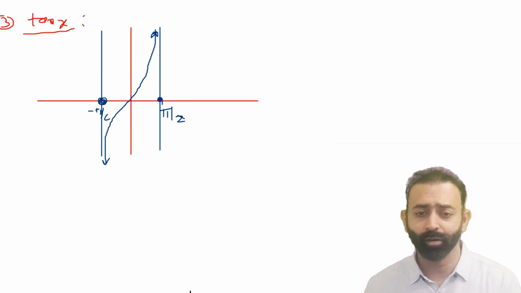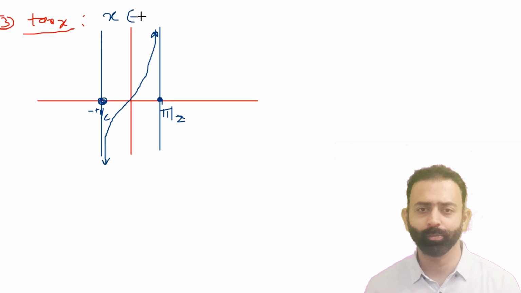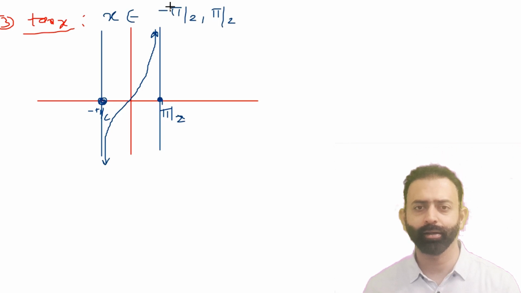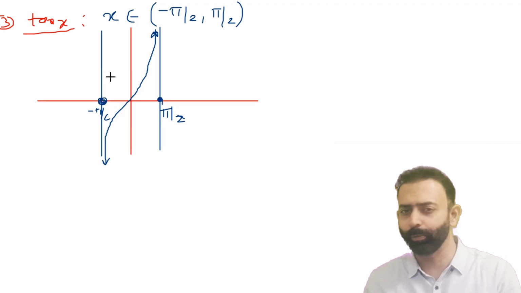So the restricted domain for tan x is the same as for sin x, that x should belong to minus pi by 2 to plus pi by 2, except that these end values are not included. So using open brackets, we need to mention the restricted domain for tan x.